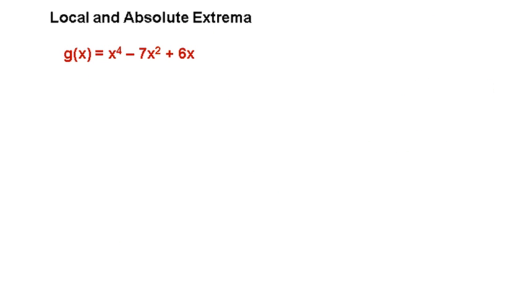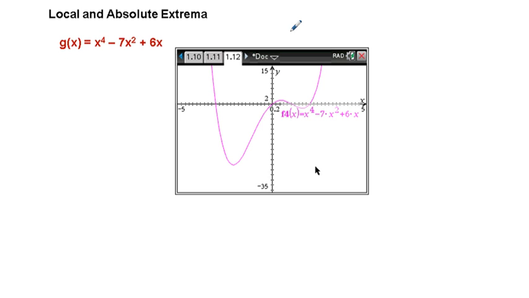Okay, next we're going to look at functions. G of x equals x to the fourth power minus 7x squared plus 6x. And here's the graph of that function. And we see we have three extrema. We have local minimums here, and right here up above we have a local maximum.